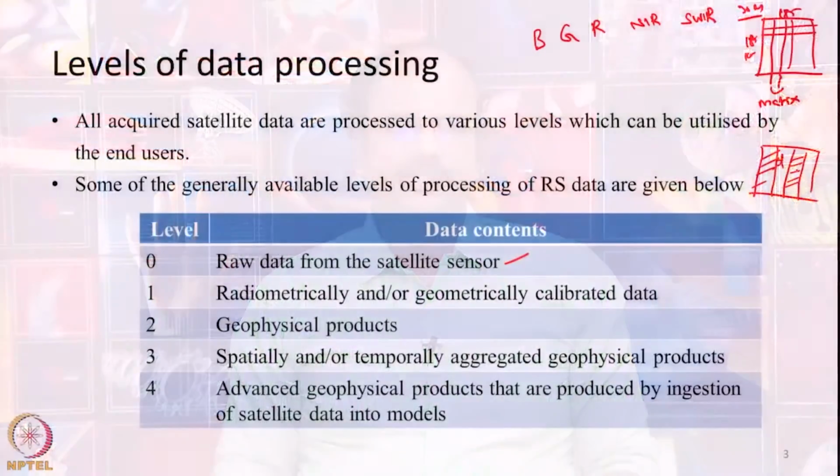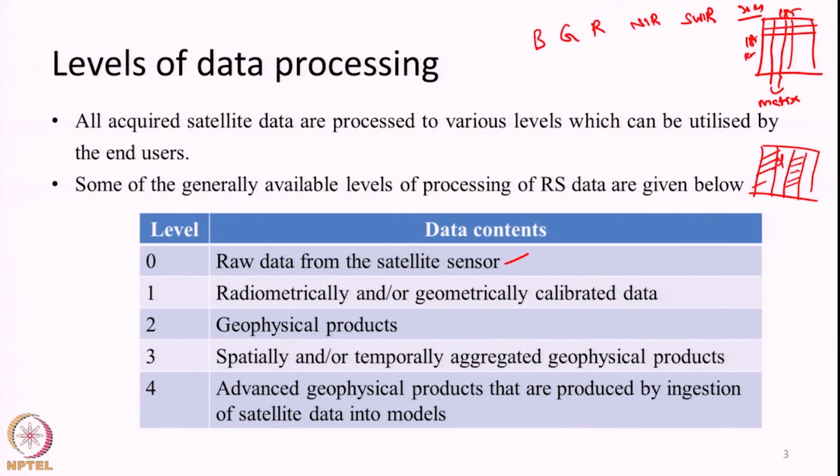Level 3 is the same geophysical product, but aggregated to a different spatial or temporal resolution. Sensors like MODIS or VIIRS may produce more than one image every day over the same location, so they have a very high temporal resolution. But not on all days will you get an image over all ground points. Certain points may be covered with clouds, or over certain points the look angle may be very wide, leading to very large geometric distortion, and so on.